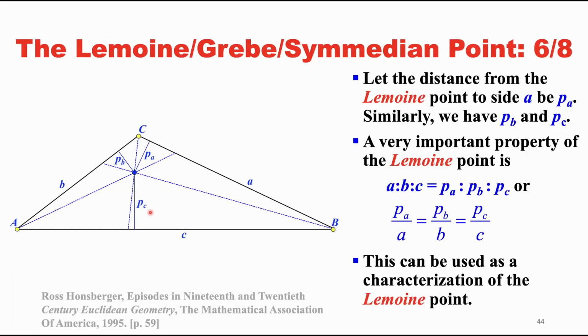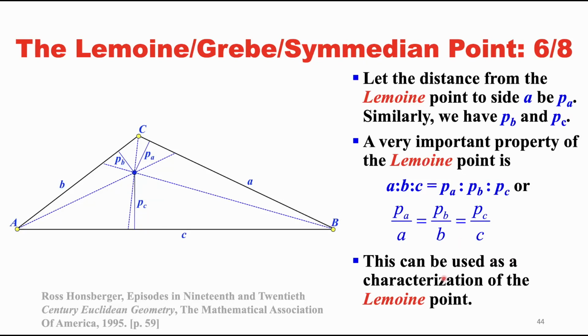One very important property of the Lemoine point is that the ratio of a, b, and c is equal to the ratio of the distances from the Lemoine point to a, to b, and to c. Or if you like, PA over a is equal to PB over b, and so on.